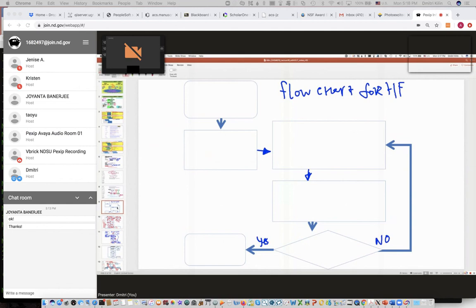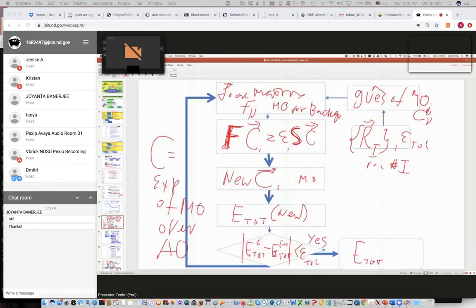So the self-consistent cycle for Hartree-Fock is here, and it was written by students from the previous semester. As an input, one places in the coordinates and tolerance limit, then one makes a guess of molecular orbitals and forms the Fock matrix in the basis of the initial guess molecular orbitals.